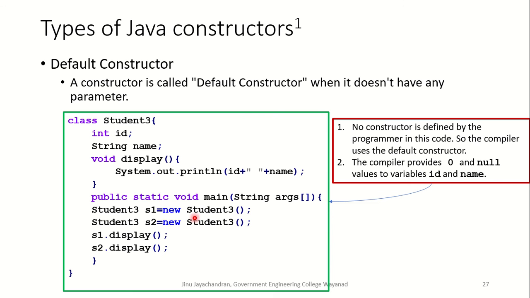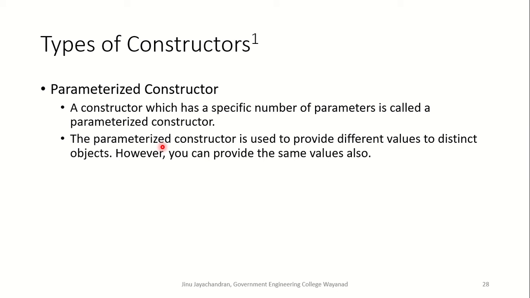So when you create this object, ideally it should go to the constructor and execute it, but there is no constructor defined, because of which the compiler will provide you a constructor implicitly and initialize the variables id and name. Constructor is basically for initializing the variables inside the class. Since the programmer is not doing that, the compiler will initialize it. The compiler by default will initialize the value of id to 0 and name to null.